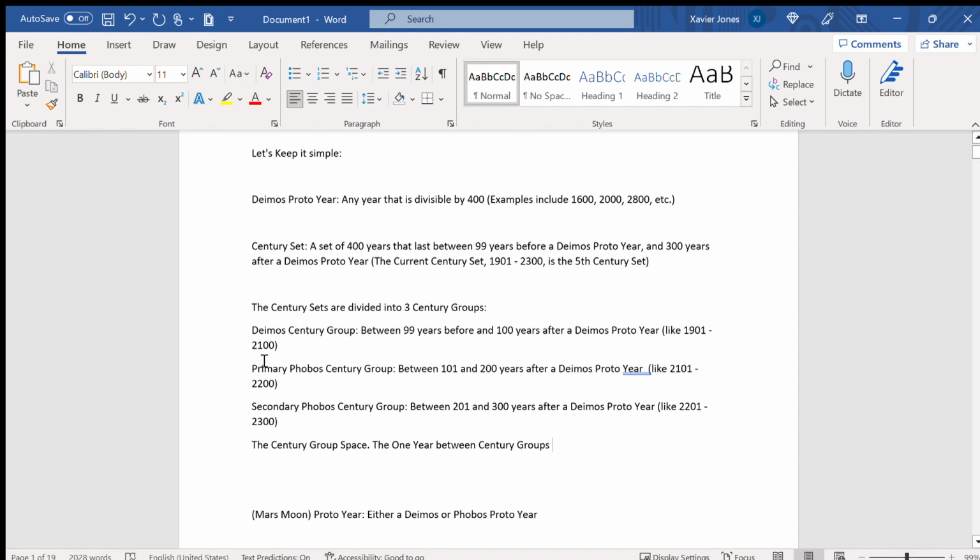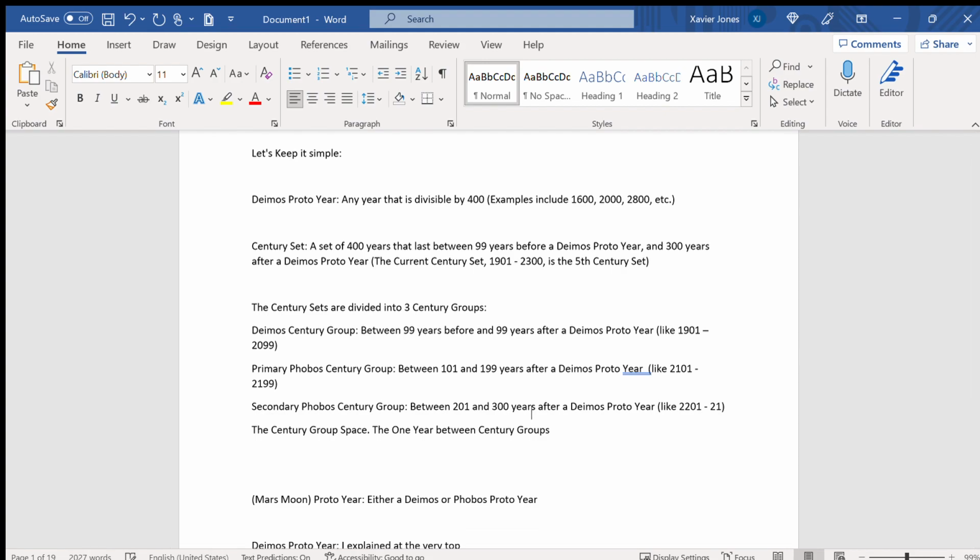It'll have to be 1901 through 2099, yeah, 2199. And the reason why is because it doesn't follow the rules of the century groups, and thus it should be in its own category. 2199, 2299, sorry.